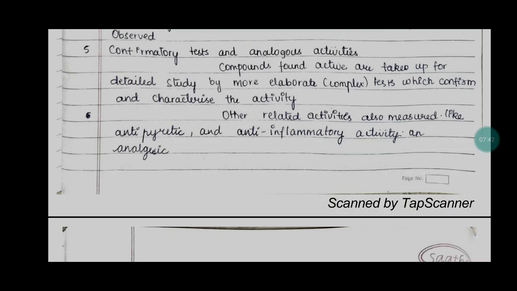The compounds found active are taken up for detailed study by more elaborate, complex tests which confirm and characterize the activity. On the other hand, related activities are also measured, like antipyretic, anti-inflammatory and analgesic activity.